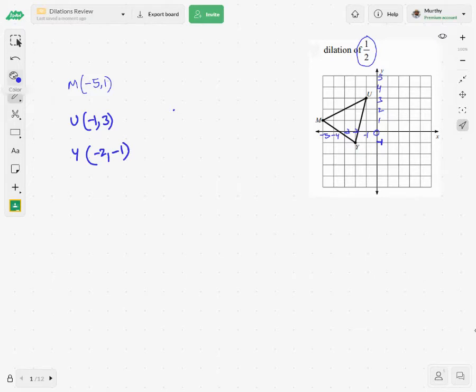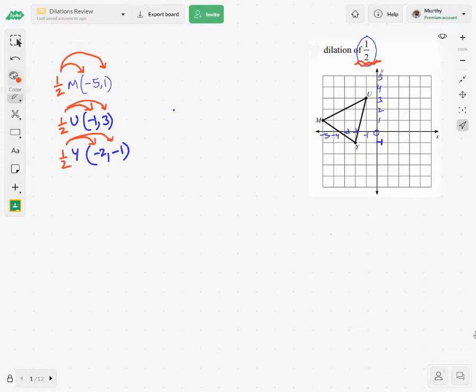The scale factor is given as a dilation of 1 over 2. So each and every point is to be multiplied by 1 over 2. So half of -5, then half of 1. Each and every value you have to multiply.